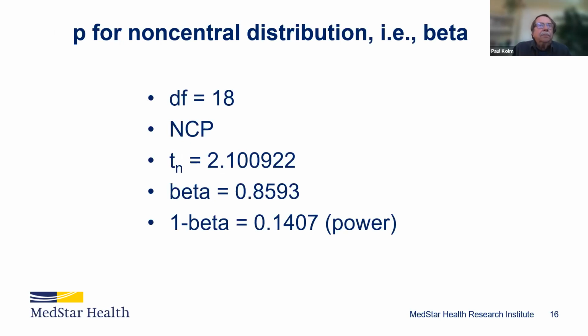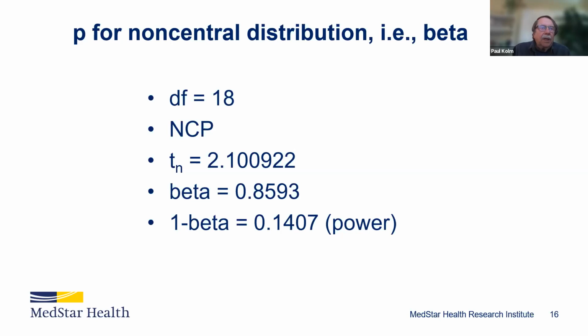So now, calculating from our beta distribution, we have 18 degrees of freedom. The t-value is 2.1, and it turns out that our beta error is 0.86.